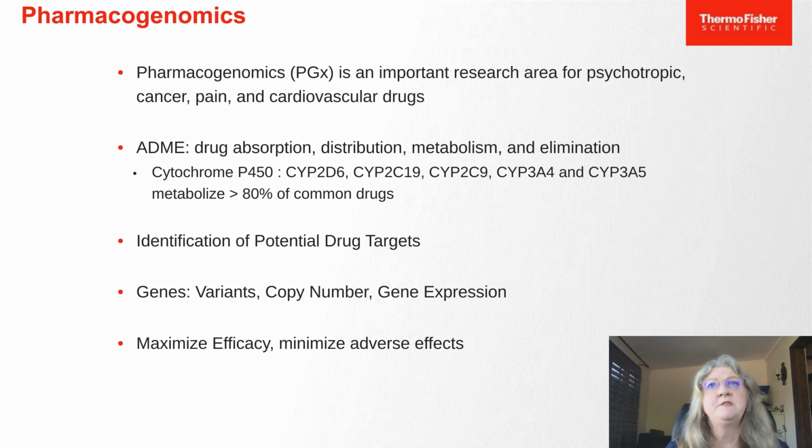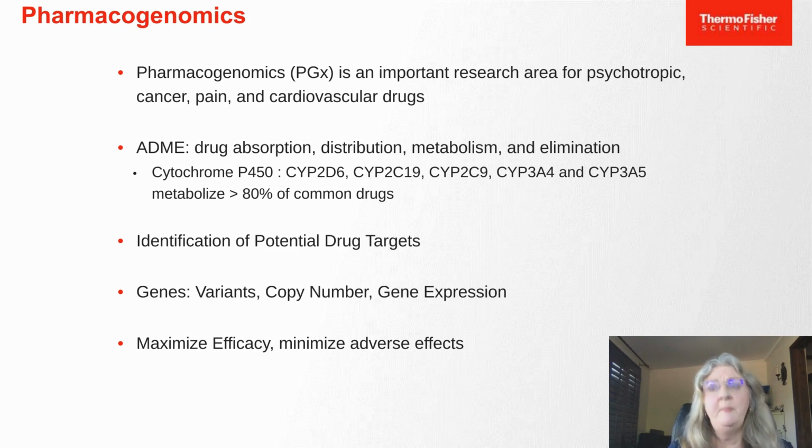And when we consider how an individual is going to metabolize or absorb or eliminate these drugs, we consider factors such as, are there variants in any of these genes which may affect these processes?